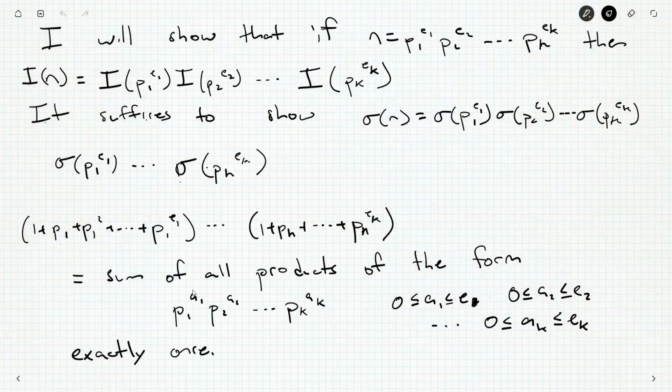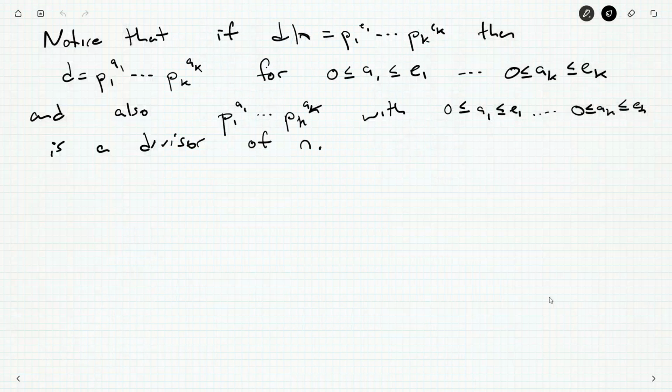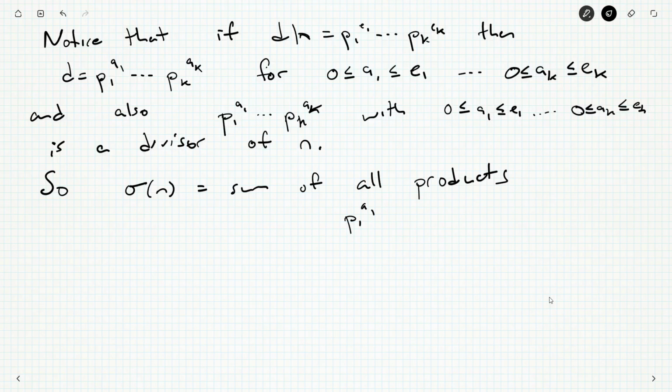We showed that the product is going to be something like this, and it happens to be the sum of all the divisors of n. So sigma of n is the sum of all these products, and we've calculated this in two different ways. So sigma of n is sigma of p1 to the e1, and then all the way up to sigma of pk to the ek.